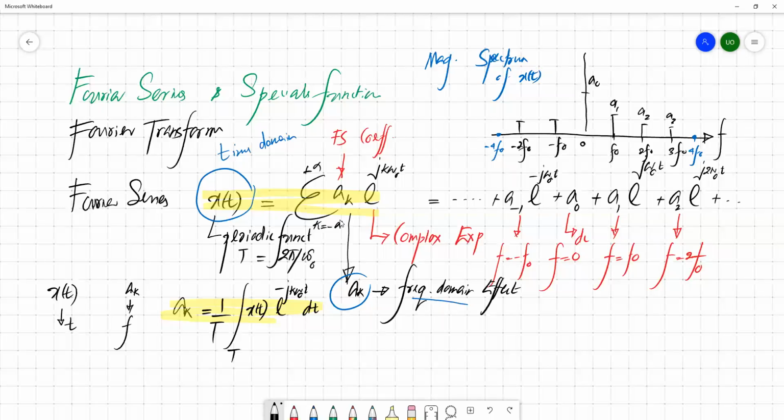So now we move to the Fourier transform. So what happens? Let's take a substitution: omega equals k omega naught.